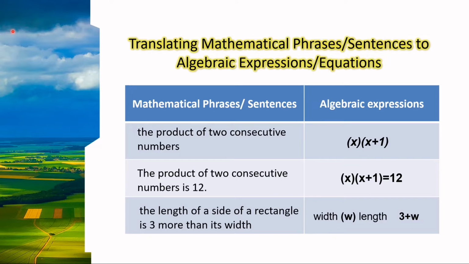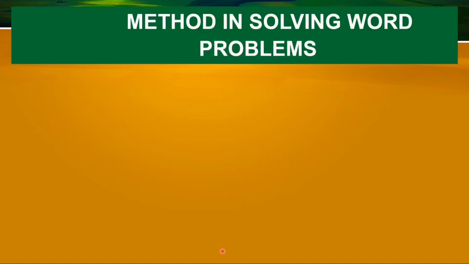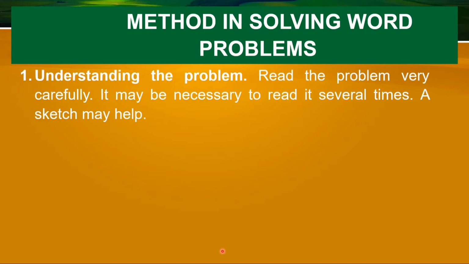Now that you already know how to translate phrases or sentences into algebraic expressions, let us solve some word problems involving polynomials using the following steps. So here are the methods on solving word problems. First, you need to understand the problem. Read the problem very carefully.